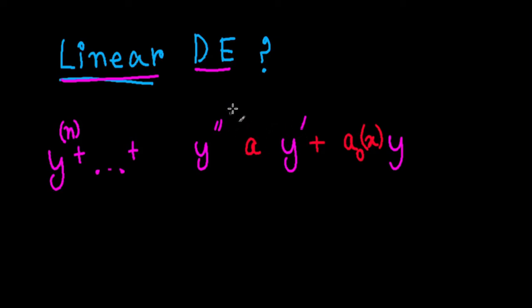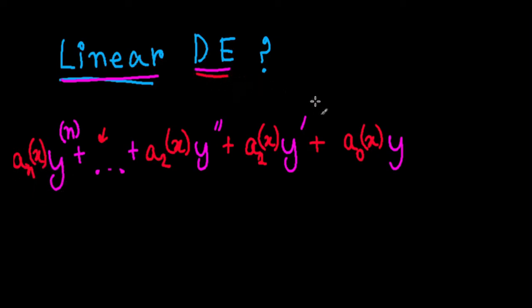So for y prime right here, the coefficient again can only be a function of x, so we'll call that a1 of x. For y double prime, the coefficient again can only be a function of x, call that a sub 2 of x. The same thing for all of the ones in between, and also the very last one, a sub n of x.